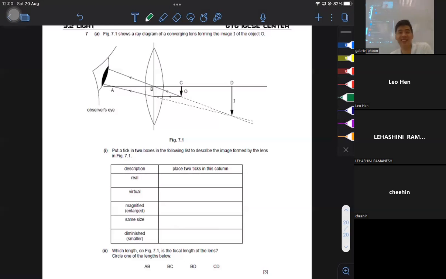Don't go first. Girls, what's based on the object and the image? But that's not the question. I want 7A2. You're supposed to circle either A, B, B, C, B, D, or C donkey. Leo, you're supposed to give me the answer for the last one.